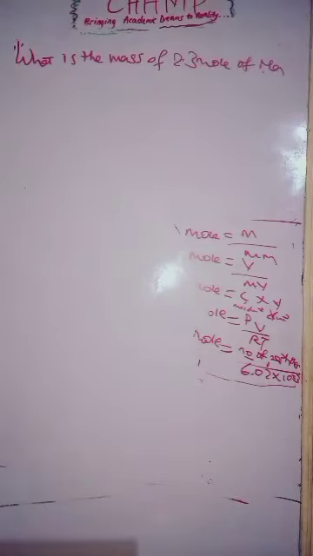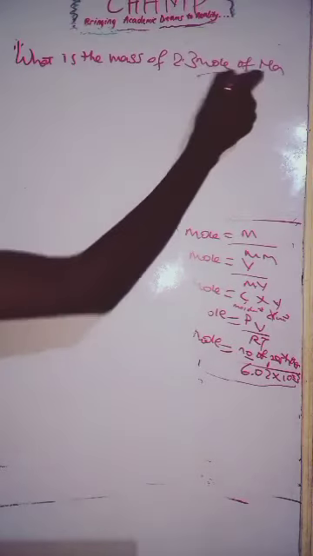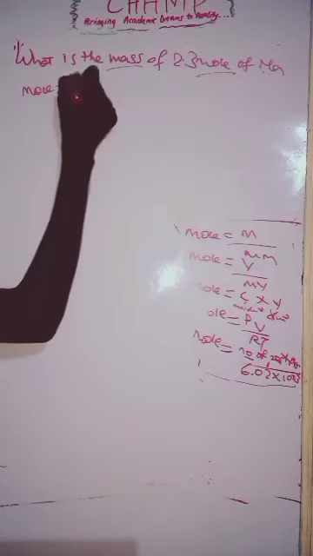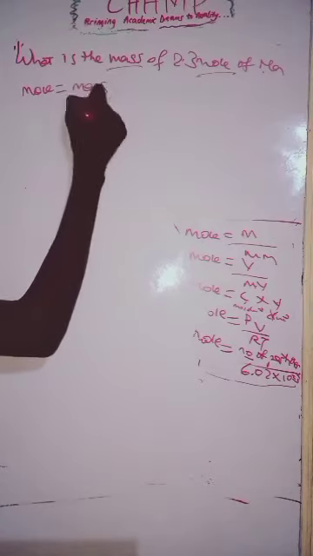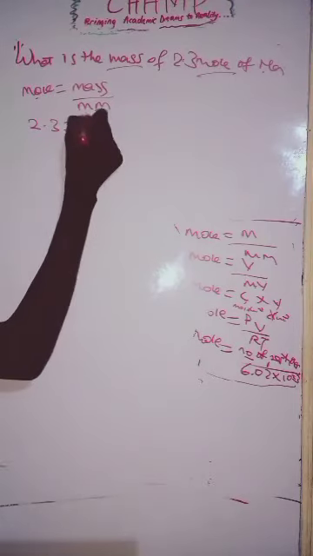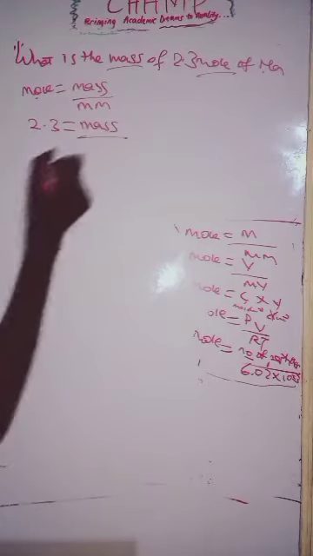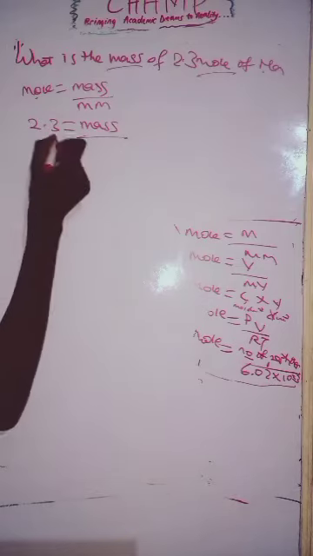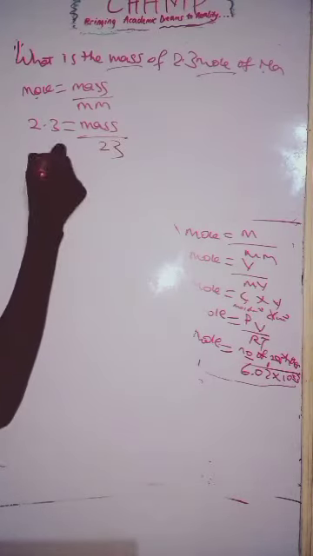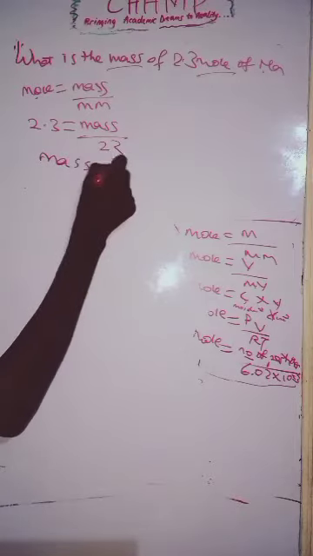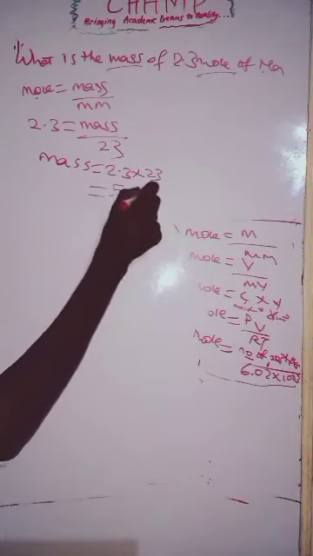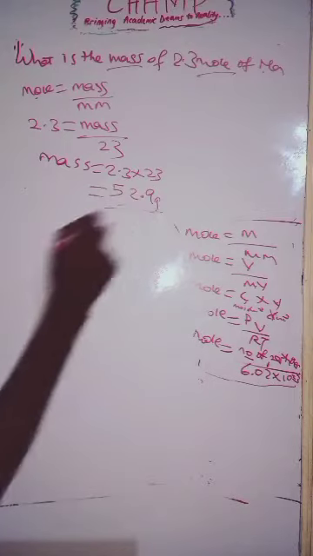You've been given your mole, then you are asked to find the mass. What's the formula? Mole is equal to mass over molar mass. What's your mole? 2.3. What's your mass? That's what you are looking for, over the molar mass. The molar mass of sodium is 23. So mass is equal to, you cross multiply, 2.3 times 23. That's 52.9 grams.